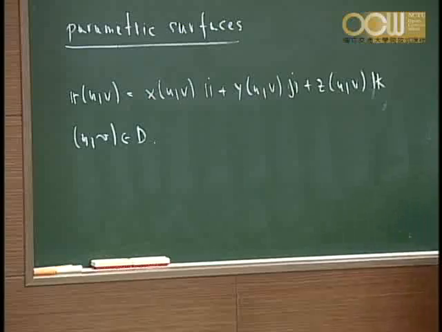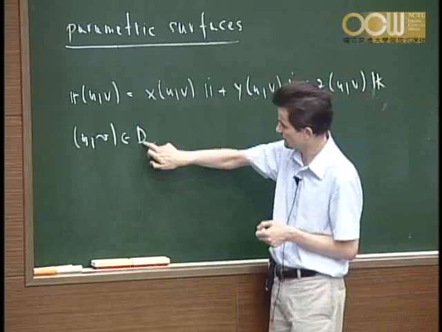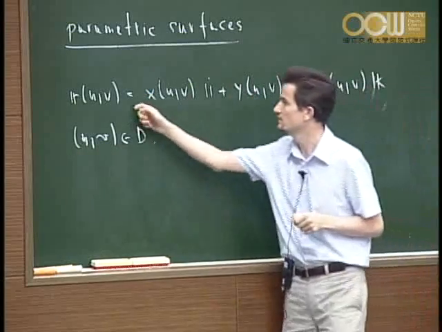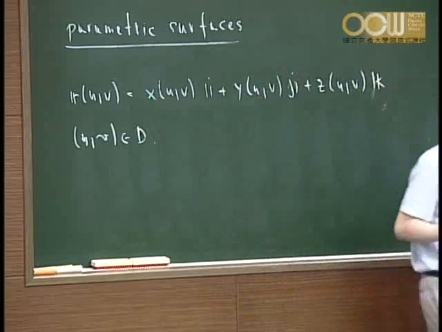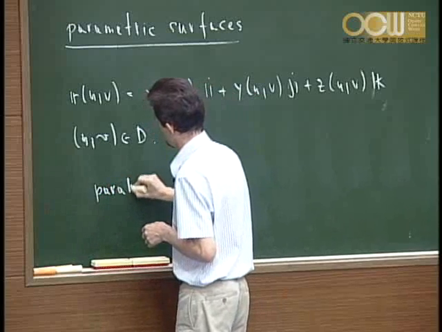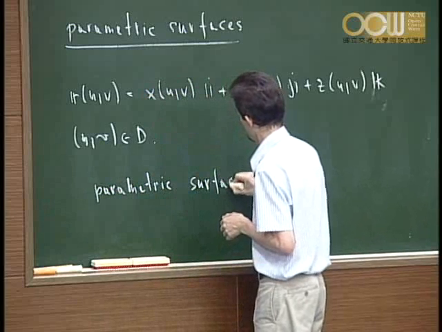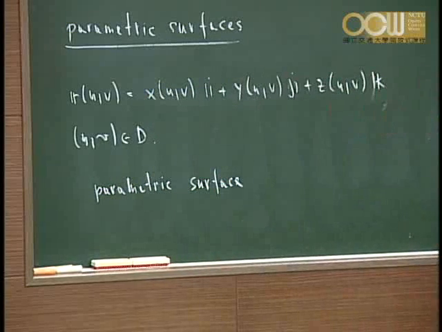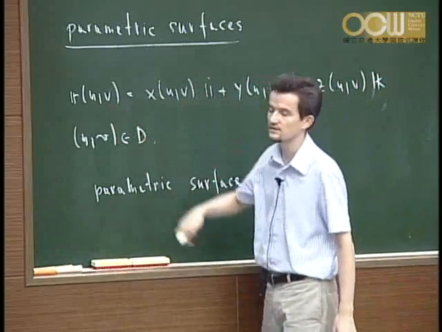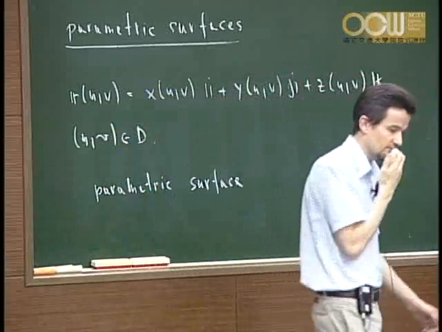And as u and v run through the domain D, what we get, traced out by the tips of the corresponding vectors, is a surface, and this is called a parametric surface. For instance, if you fix one of the two parameters, for instance you fix v, and consider this as a function of u, then what you get is a vector function.